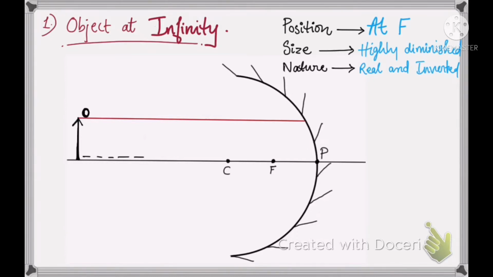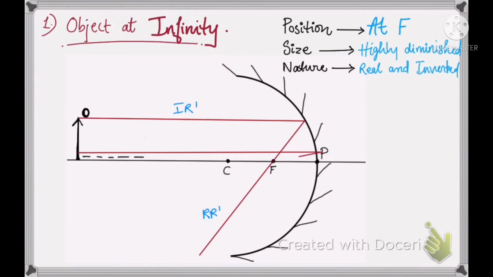See, I have considered one parallel ray, which I will write as IR1, which is incident ray 1. Now this parallel ray is going to pass through the focus, right? Yes. So I'll write here reflected ray 1. Then similarly, I am considering another parallel ray, suppose here.